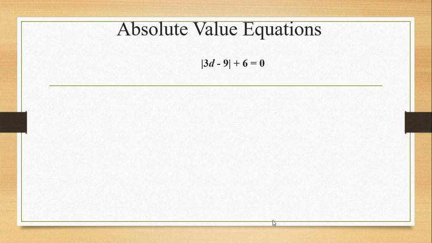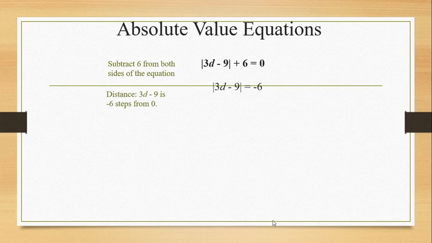Okay, let's take a look at this last one. We have 3d minus 9 plus 6 equals 0. What are we going to do first? Yes, we're going to subtract 6 from both sides of the equation. Notice, can we take 3d minus 9 is negative 6 steps from 0?